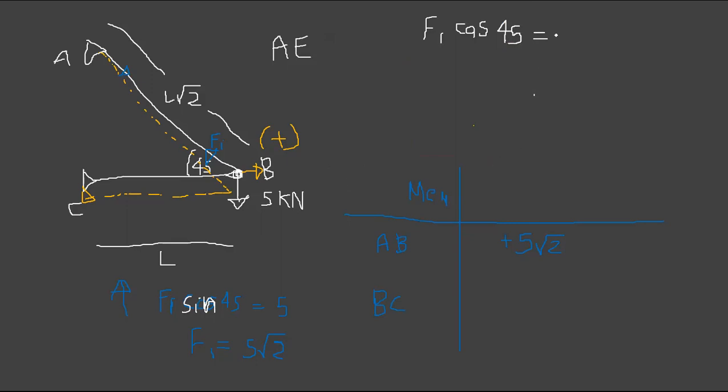F1 cos 45 is equal to F2. That's how these two are balanced, right?